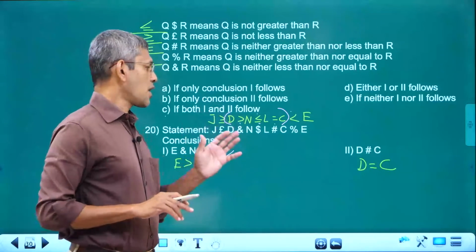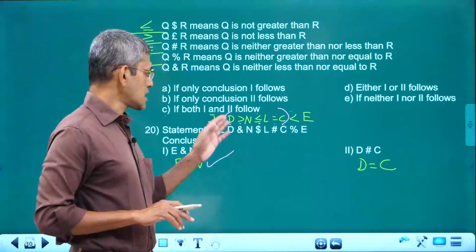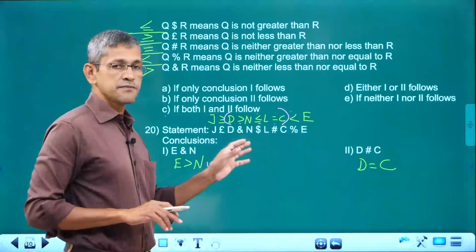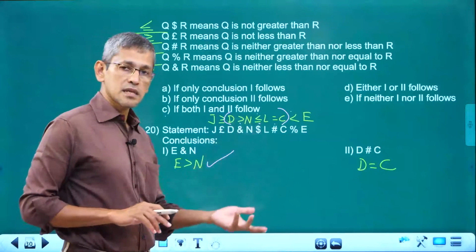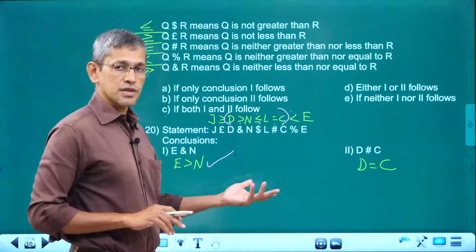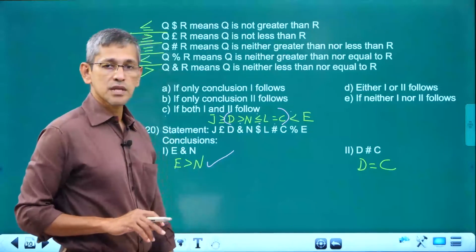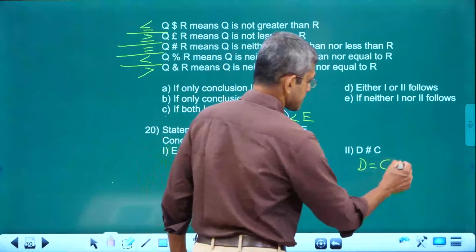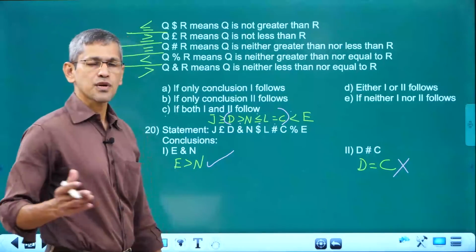That means there are three possibilities. Either D is greater than C, or D is less than C, or D is equal to C. So D is always equal to C is not correct. Doesn't work.